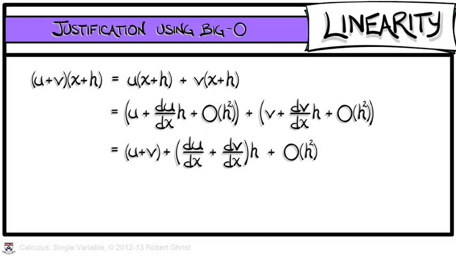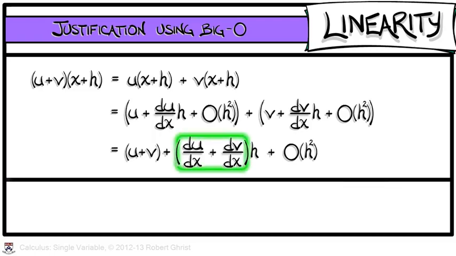Everything else is something in big O of h squared plus something in big O of h squared. That is in big O of h squared, naturally. So we see that the first order coefficient is the sum of the derivatives, as expected.